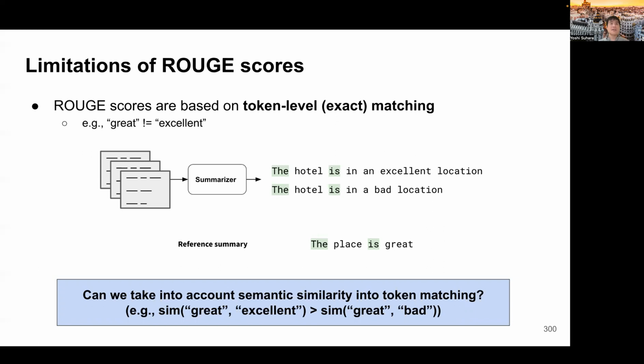Those sentences look semantically similar, but ROUGE scores are low because only two unigrams, the and is, are matched. A natural question is whether we can take into account semantic similarity between words, so we can consider the word excellent is a better choice than the word bad for reference summaries that contain the word great.